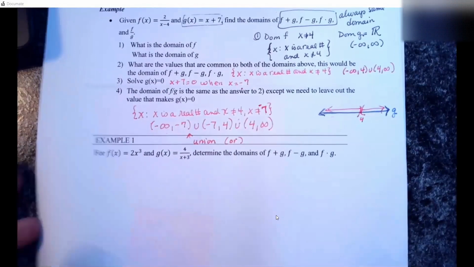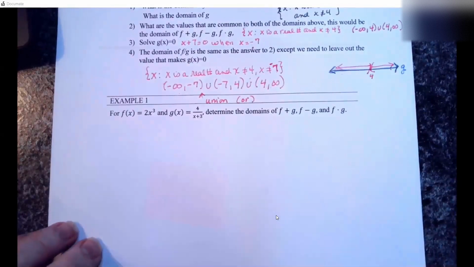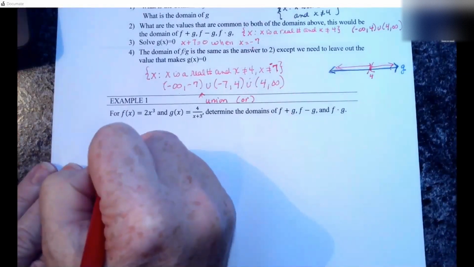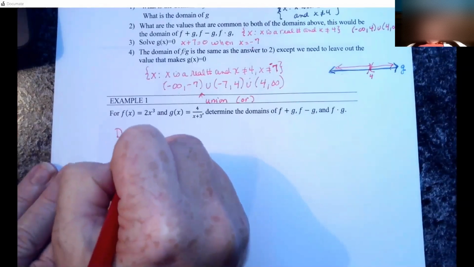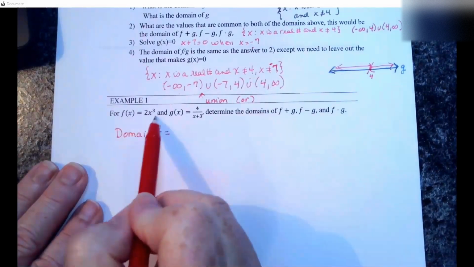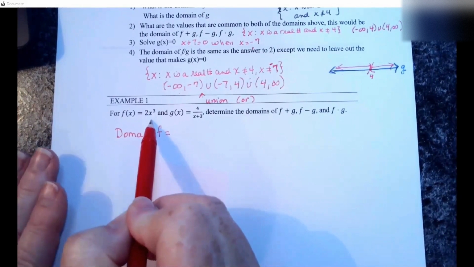All right, so let's try one more of those. We have f of x is 2x cubed and g of x is 4 over x plus 3. So let's look at, first of all, finding the domain of f. The domain of f is going to be all numbers that you could plug in here for x and get a real number as your answer.